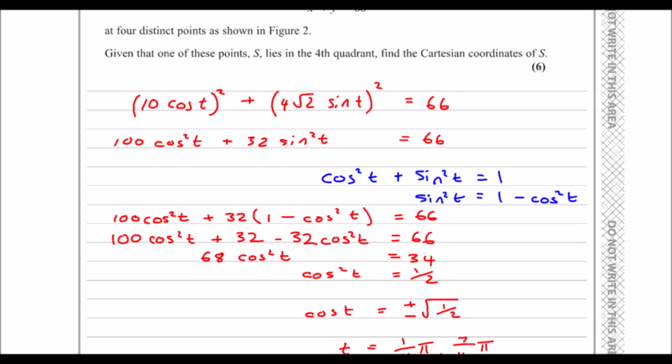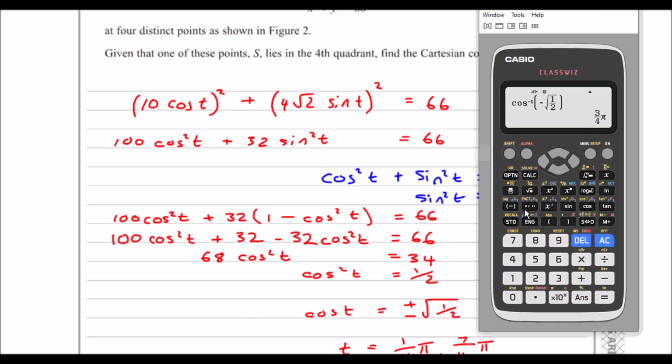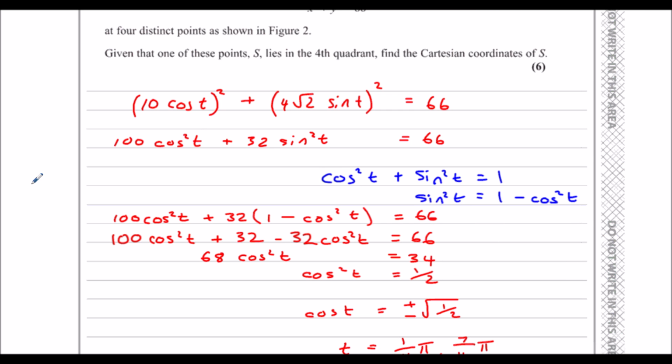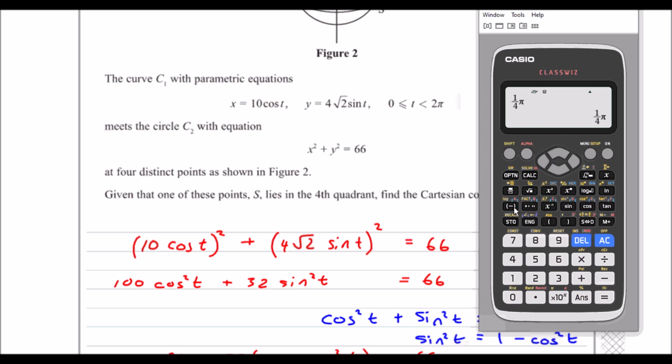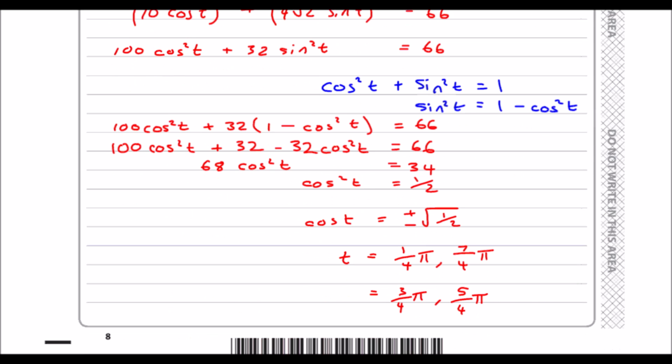So start with 1/4 pi. 10 cos t. So store that as a. 10 cos a is 5 root 2.